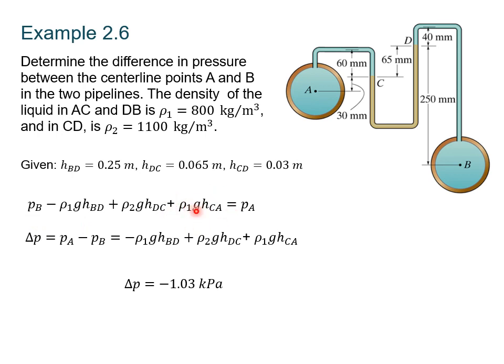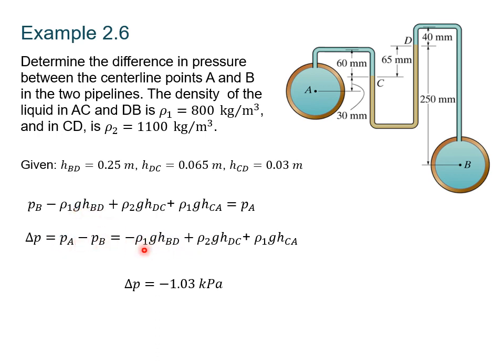So that adds on the other term, and then when we get to here, that's equal to the pressure at A. So we can find the pressure difference. We can just move this term to the other side. So delta P is PA minus PB, and then we can put the equations around and write them this way here.